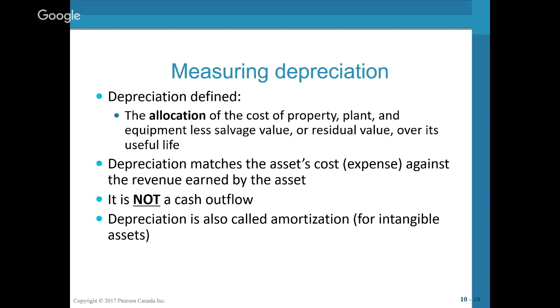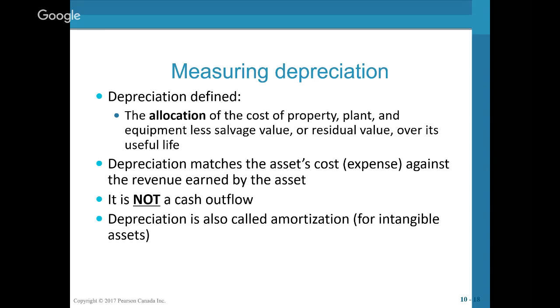To recap, depreciation itself is an allocation of cost over its useful life. Early on in the course, I didn't really spend a lot of time talking about this thing called salvage value, but the idea here is some equipment you could sell at the end of its useful life. If we can sell something like a building or a car at the end of its useful life, then the net cost to us is the cost we paid minus what we could sell it for.